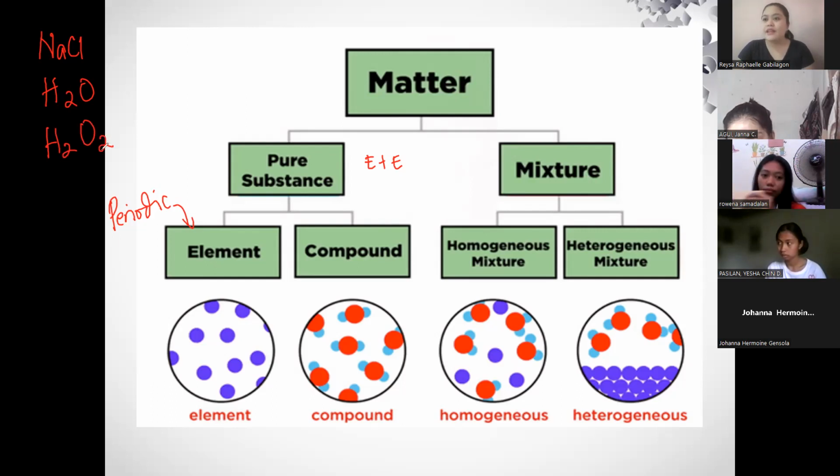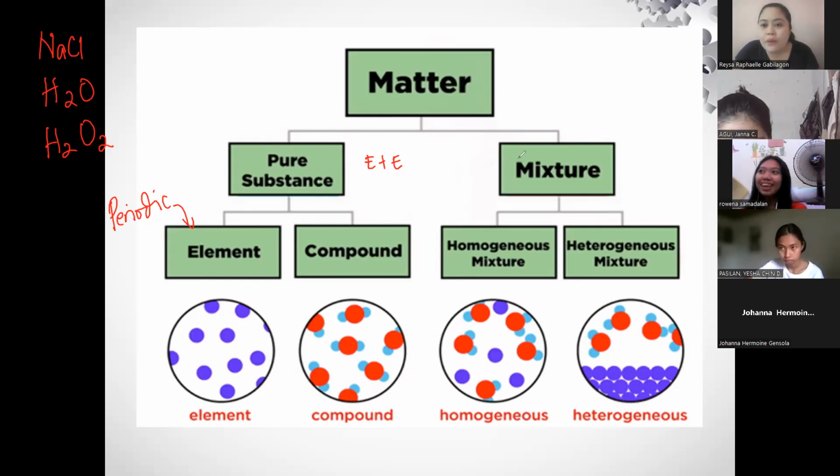In the market, we commonly call it agua oxigenada, H2O2. We use this one as an antiseptic. When you say antiseptic, it's any substance that can kill, inhibit, or prevent the growth of bacteria or other microorganisms. So again, these are the examples of our compounds.